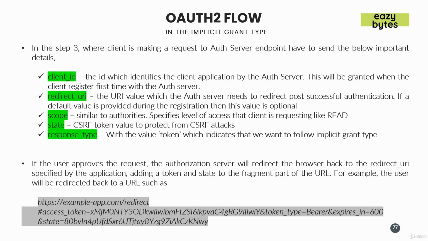That means anyone who identifies the client ID of Stack Overflow in the browser address bar can take it and make a request to the authorization server. But of course, they can't have my Gmail credentials, because as a user, only I have them and I enter them in the Gmail login page only, not in the request that the client is making to the authorization server. But still, it is less secure. There is a chance that someone can impersonate Stack Overflow or any other web application.